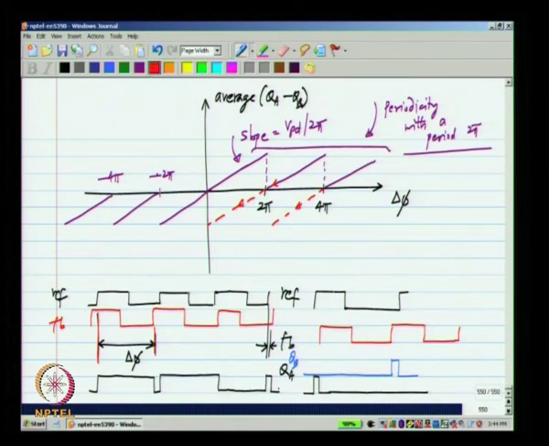And here also there will be a feedback if you go back in that direction. So, the characteristic will consist of these line segments. It will be periodic with 2 pi if you keep on increasing or decreasing the phase monotonically, but if you go in the other direction there will be hysteresis, but everywhere the slope will be Vpd by 2 pi. The hysteresis is of some interest, but mainly what we must pay attention to now is the periodicity of the phase detector characteristic.